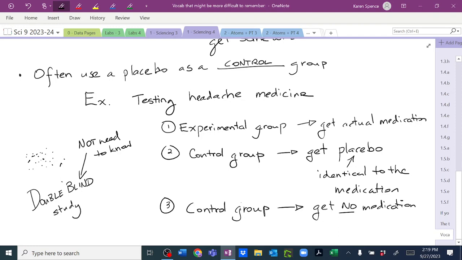I might have fill in the blanks where you have to put the actual vocab word in based on what the sentence says. So yeah, that's it.